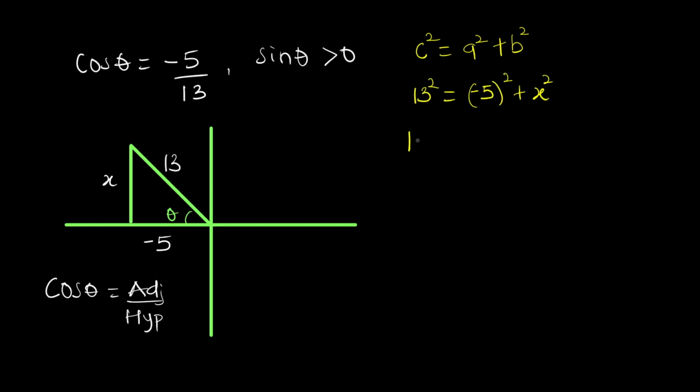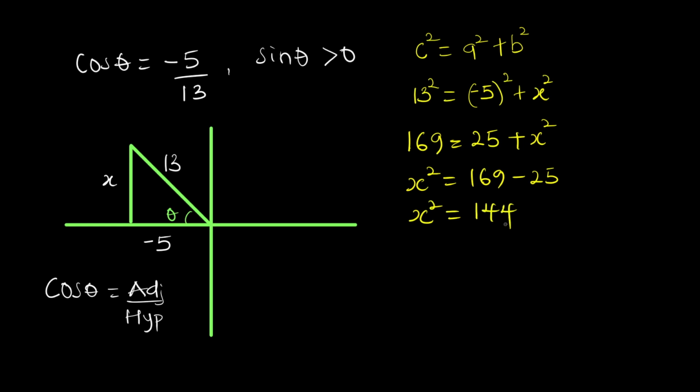This is going to yield 169 equals 25 plus x squared. From here, we are going to have that our x squared will be equal to 169 minus 25. x squared is equal to 144, which entails our x is equal to 12.